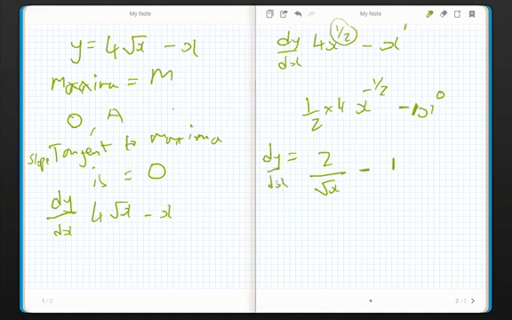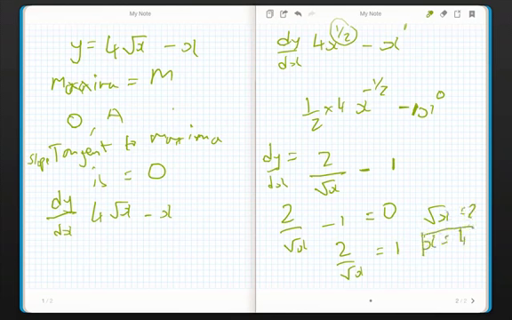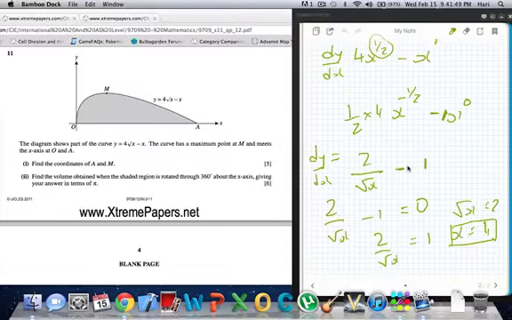Now we want to know where dy by dx is equal to 0, because at a maxima the slope is always equal to 0. So 2 by root x minus 1 is equal to 0, 2 by root x is equal to 1. So root x is equal to 2, x is equal to 4. So at x equal to 4 is where the coordinate M is. Now, are we trying to find the coordinates of A and M? Yes.